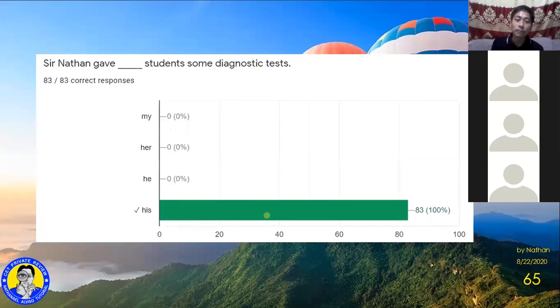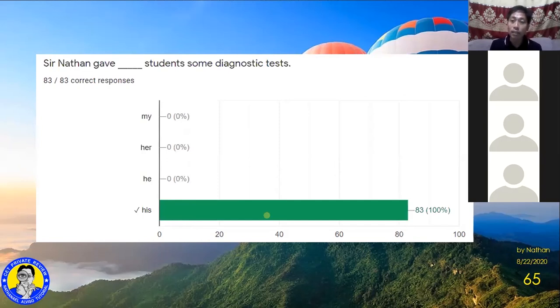Sir Nathan gave blank students some diagnostic tests. The pronoun here must agree with the person. If this statement is talking about someone who is not part of the conversation, then it should use a third person pronoun, and Sir Nathan is the clue.